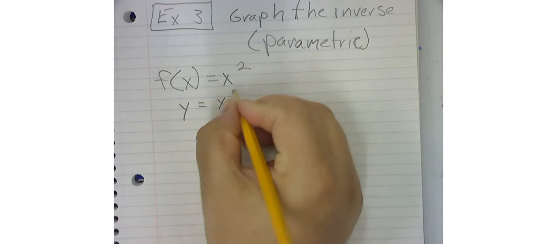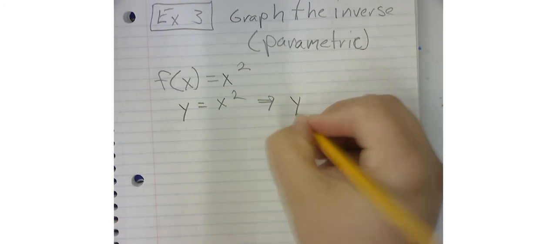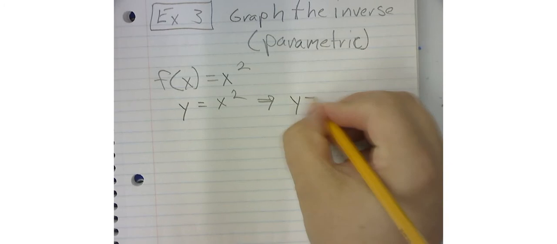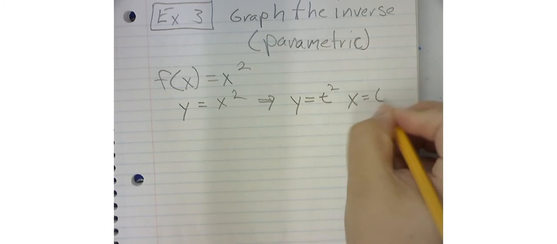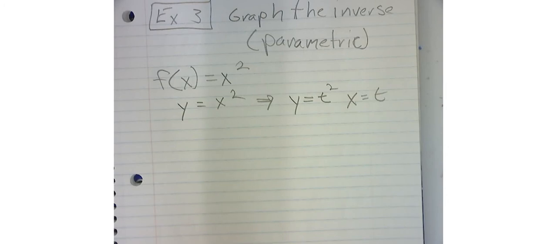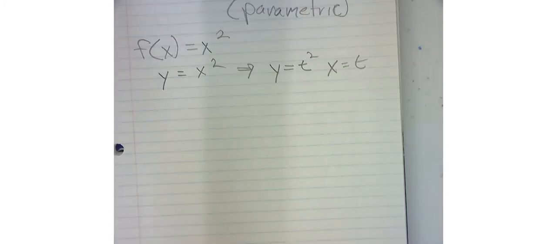And so to split that up into parametric equations, I could say y is equal to t squared if x is equal to t. Right? That would work, right? And so if that's the case, to graph that on my graphing calculator, this will just take me a second.